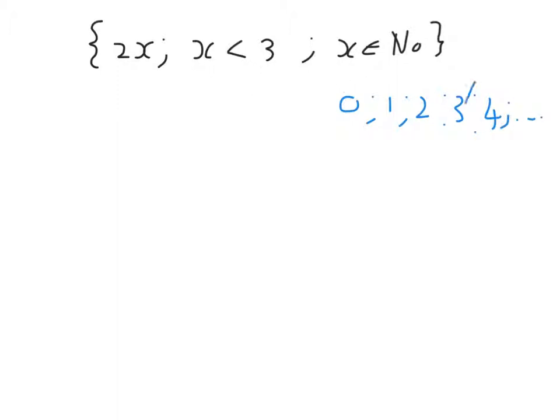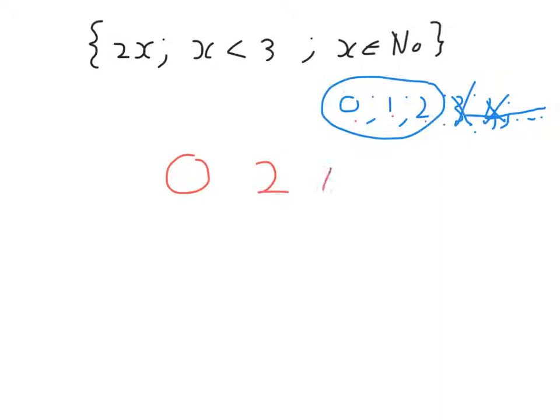That means we do not want 3, we want smaller than 3 and not 4, so all these on this side fall away. That means we end up at this stage with these 3 numbers. Now you take them, because they are X, you multiply each one by 2, then you have your final answer. So 0 times 2 gives me 0, 1 times 2 gives me 2, and 2 times 2 gives me 4.